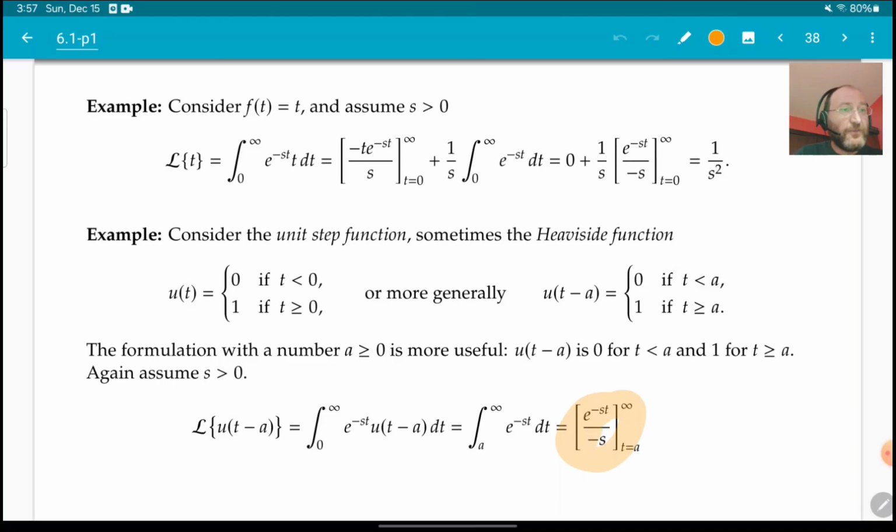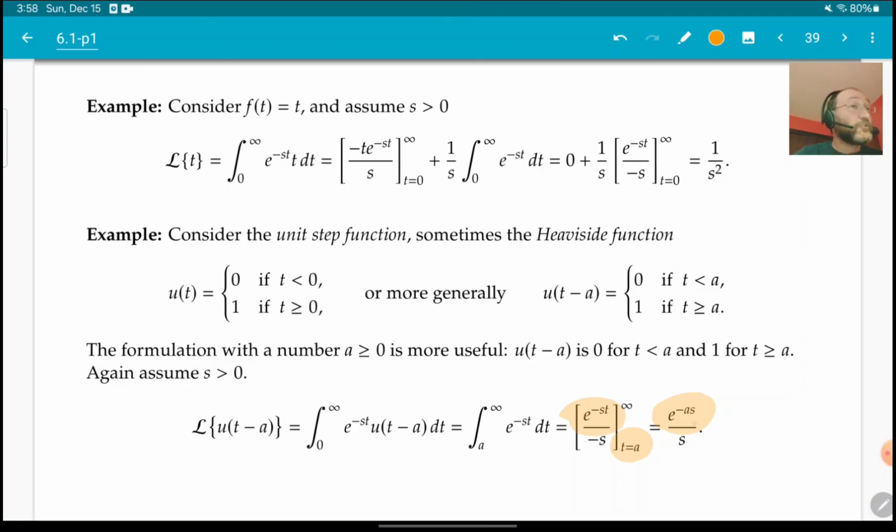It's almost the same thing, except I'm starting at a over here. So I don't quite get the 1 over s, but basically, plugging in t equals a, I'm going to have e to the minus as.